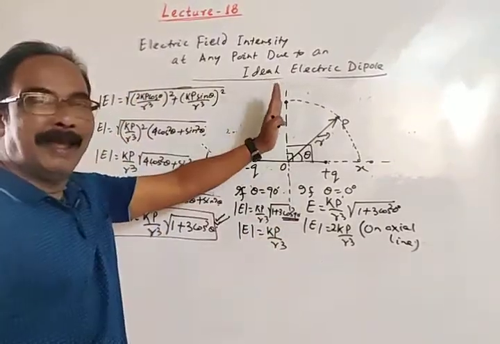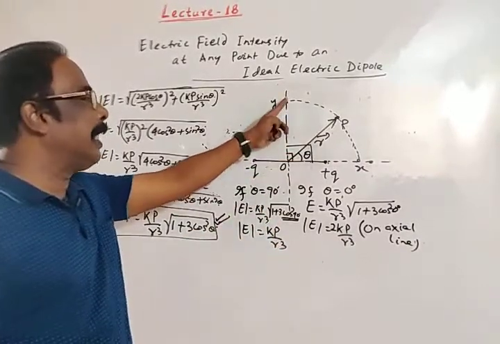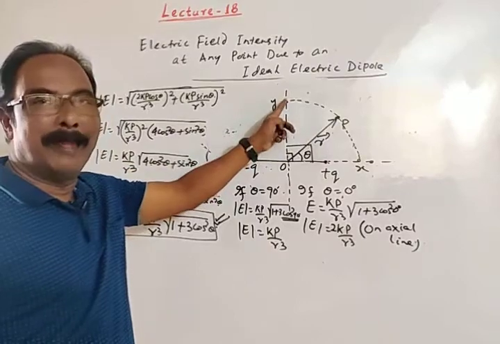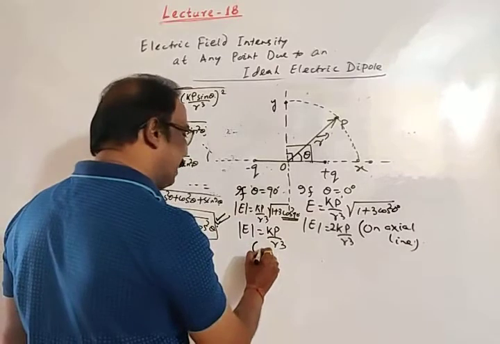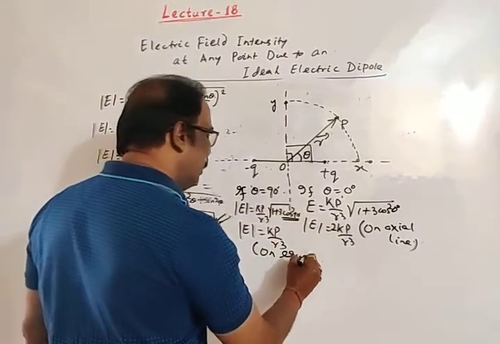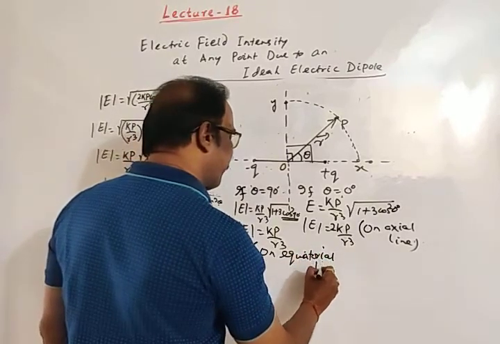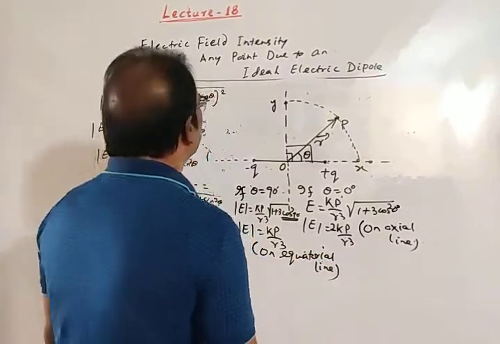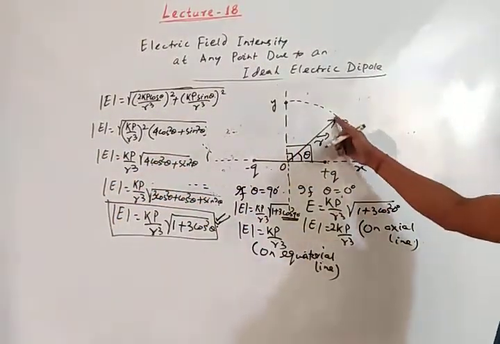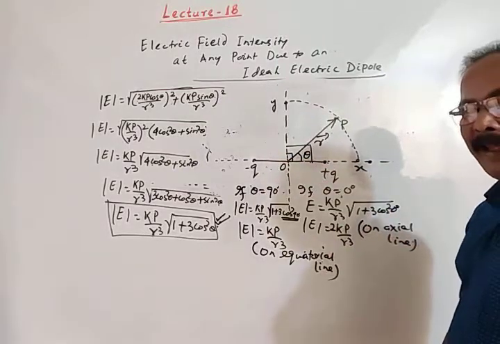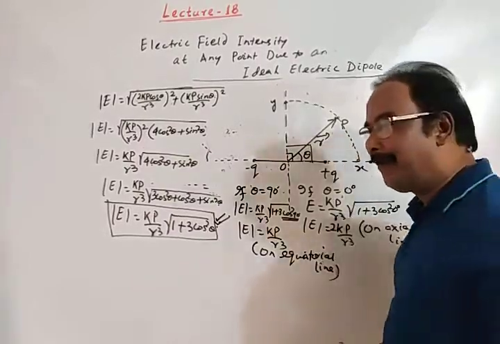If theta is 90 degrees, point P will lie on the equatorial line. So this is the expression for electric field intensity on the equatorial line. So this is about electric field intensity at any point due to an electric dipole. Of course, this is the case of an ideal electric dipole.